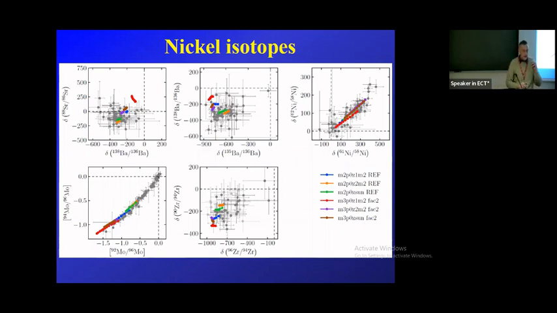Presolar grains are tiny dust particles found in the solar system, which preserve the nucleosynthesis of already extinct AGB stars that evolved prior to the formation of the solar system. So they really give us the possibility to study the nucleosynthesis that occurred in another star.